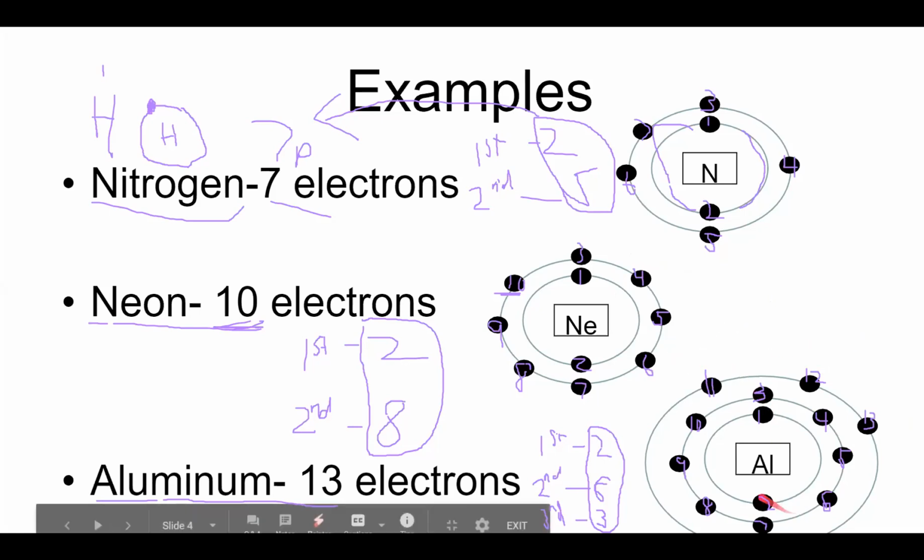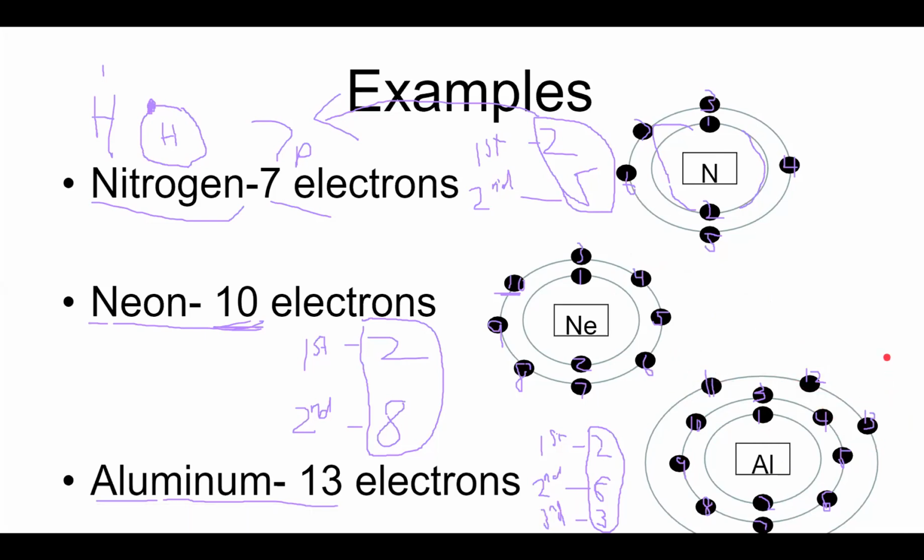So that's why with aluminum, once we did our second shell and put 8 electrons on there to give us a total of 10, we had to go up to the 3rd shell after that to put those last 3. So the maximum for the first shell is 2, and then the maximum for the second and 3rd shells are 8.